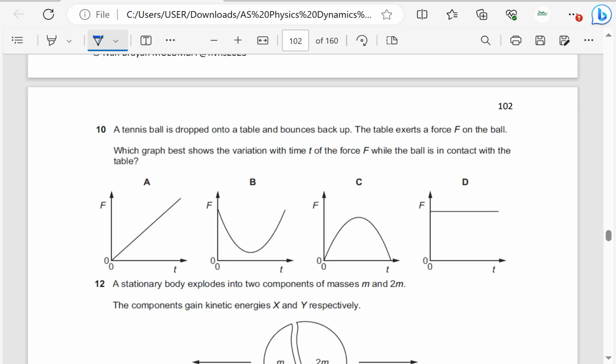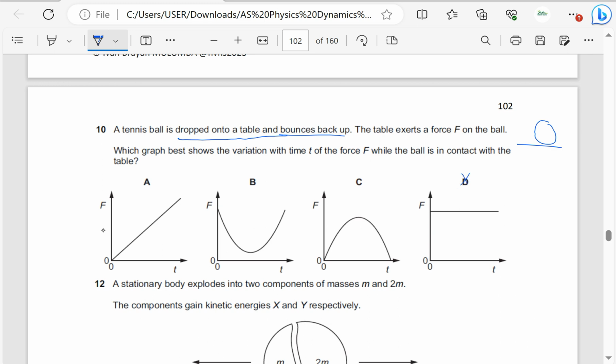A tennis ball is dropped onto a table and bounces back up. The table exerts a force F on the ball. Which graph best shows the variation with time t of the force F while the ball is in contact with the table? Of course, when the ball is just hitting the table, the initial value of F is 0. So that means D is out.